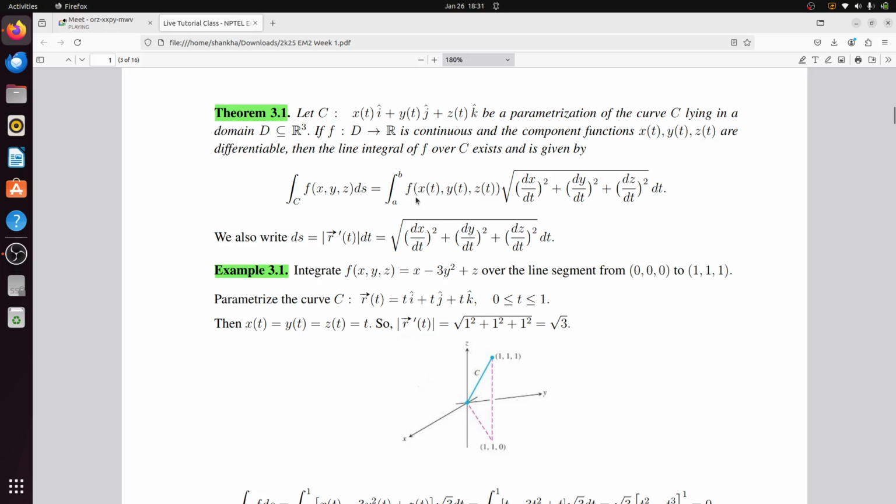You need to put x(t), y(t), z(t), and instead of ds you put its definition, the arc length: square root of (dx/dt) squared plus (dy/dt) squared plus (dz/dt) squared, times dt. So you can also write ds as |dr/dt| dt.